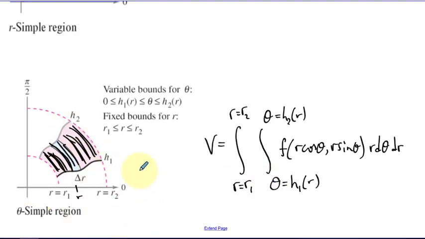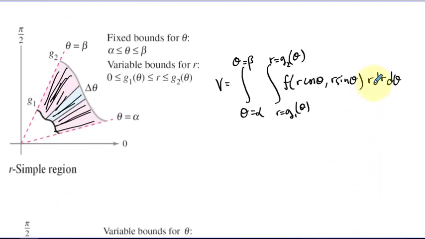Okay, it doesn't matter whether you have an R simple or a theta simple, you still have this R d theta dr, or maybe it's an R dr d theta, and actually it's the order here that really matters, whether you have one region or the other. But in both of these forms, I have this extra factor of R that gets included as part of the integrand, included as a product.